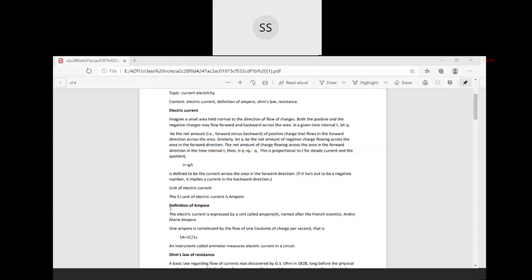It is: if in an electric circuit 1 coulomb charge is passing through the circuit in 1 second, then the amount of current produced in that circuit is 1 ampere, or 1 ampere equals 1 coulomb divided by 1 second.